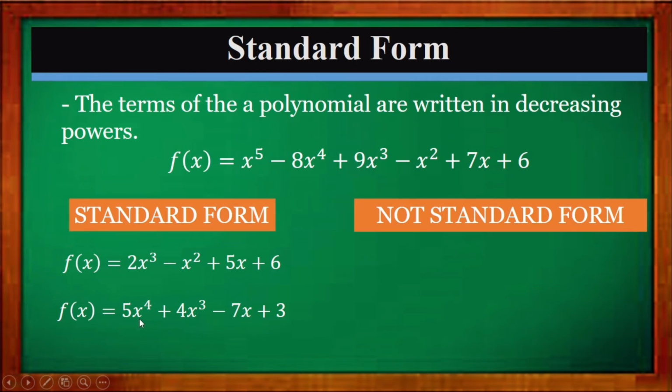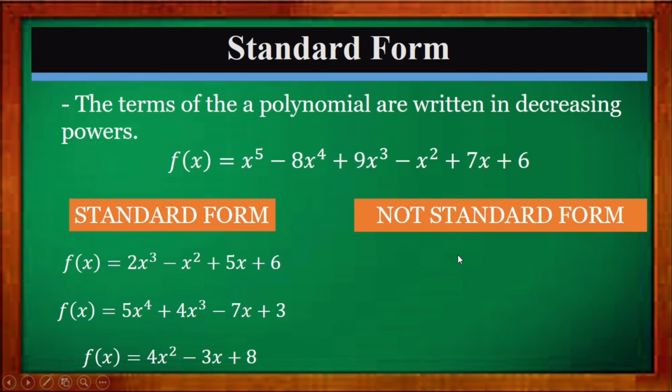So, ito ay nasa standard form din because naka-arrange siya mula sa may pinakamataas na exponent. We have 4, 3, 1, and 0. And last one, we have f of x equals 4x squared minus 3x plus 8. Exponent of 2, 1, and 0.